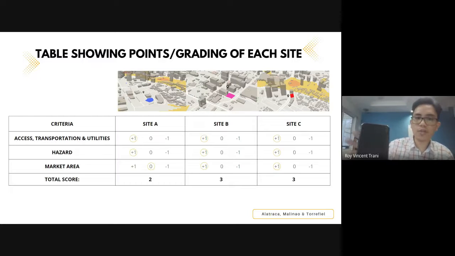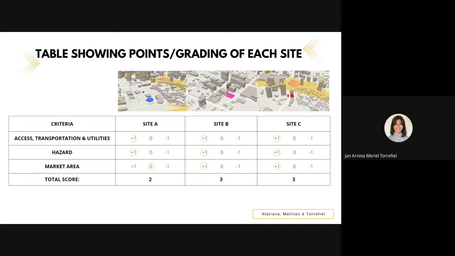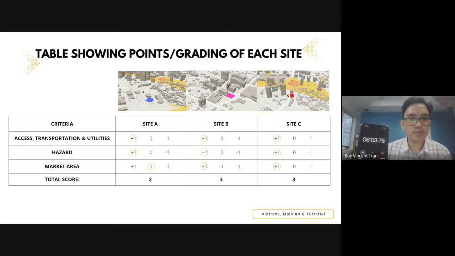Since you guys are here, why did site B win against site C? Because site B is a corner through lot, while site C is an interior through lot. So it's lot type. Lot type is the one. So that will probably be the access, transport, and utility score.